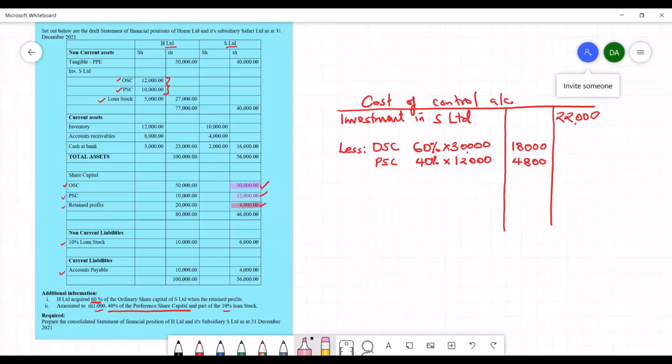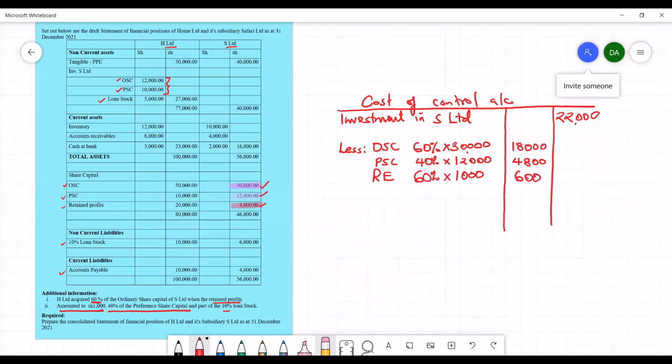So the retained profit acquired in this case is equal to 60%, the same percentage as ordinary share capital. But it is 60% of the following. We are told that at the time of acquisition, the retained profits amounted to 1,000. Therefore, it is 60% of 1,000, and 60% of 1,000 is 600.